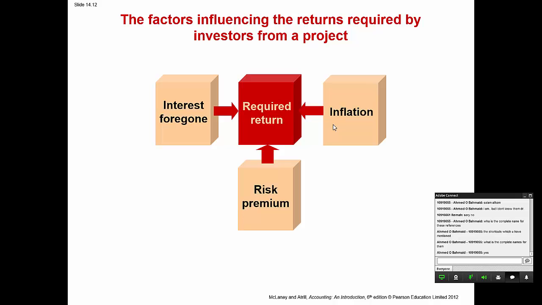The last factor is the risk premium, which is the risk related to the investment itself. Some investments are riskier than other investments, so you also need to consider the level of risk in the investment.